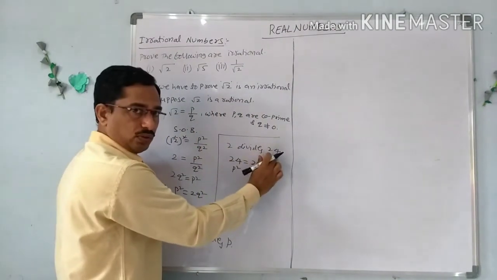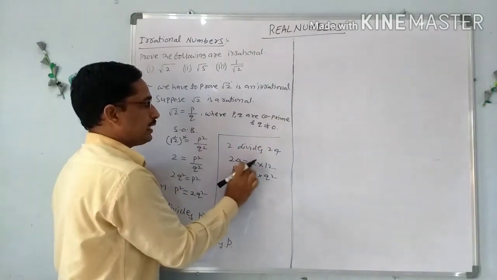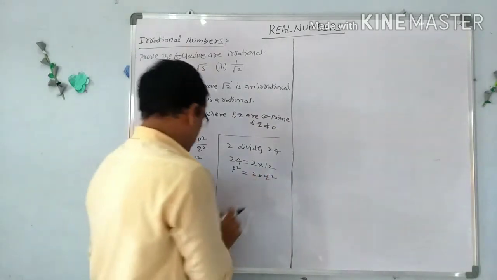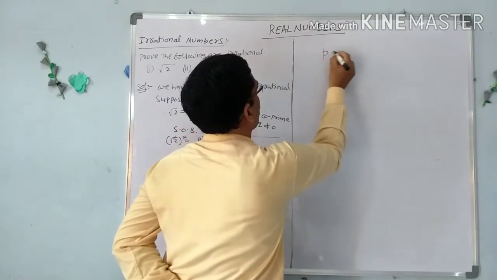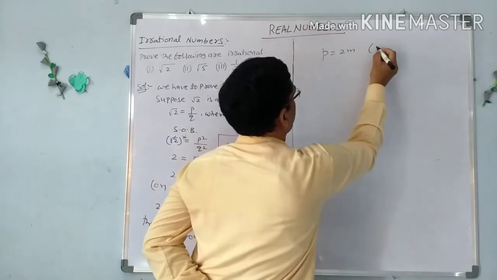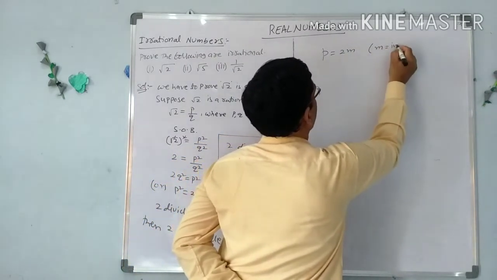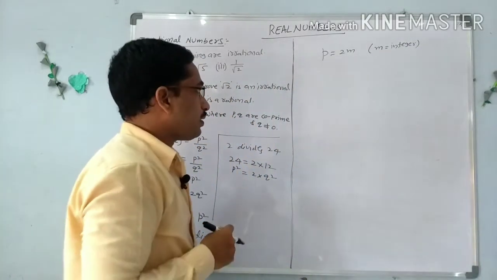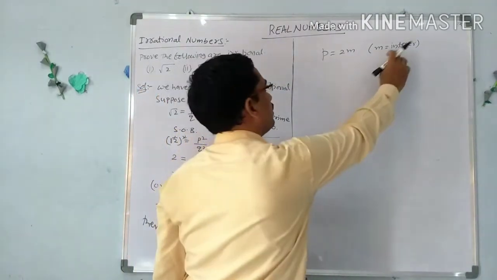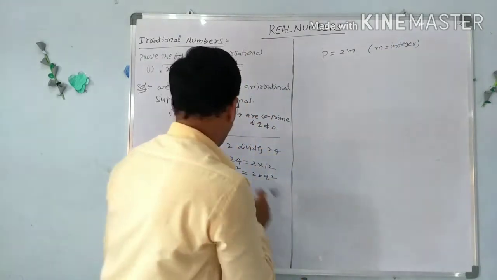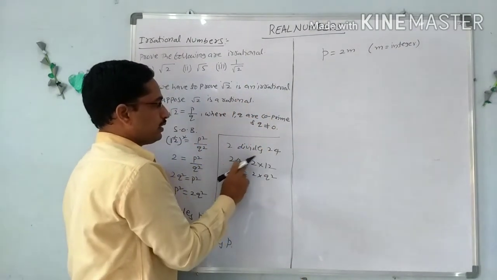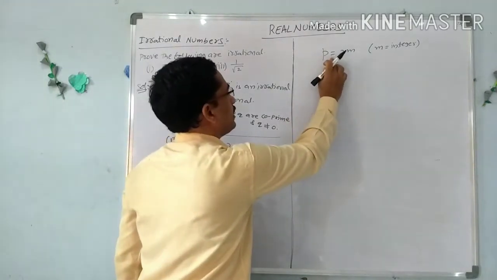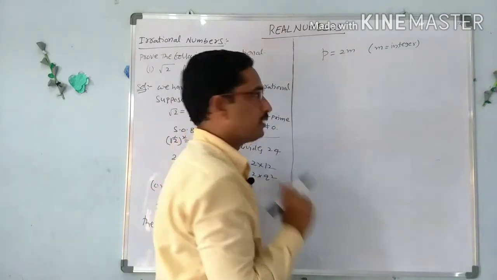Now again I use the same concept. If 2 divides 24, then 24 is written as 2 into 12. So 2 divides p means we can write p equals 2 into some integer m, where m is an integer.